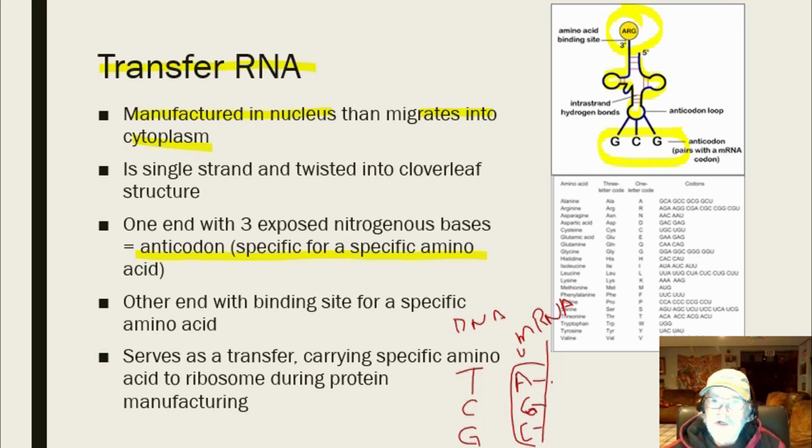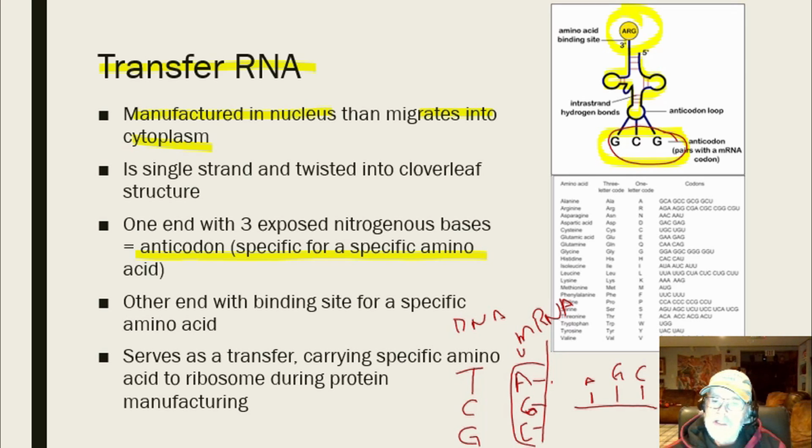That messenger RNA then goes to the rRNA, lays it down on a bench, okay? And here's my adenine, here's my guanine, here's my cytosine sticking up. Now my transfer RNA, on the bottom of it right here, has what's called the anticodon.